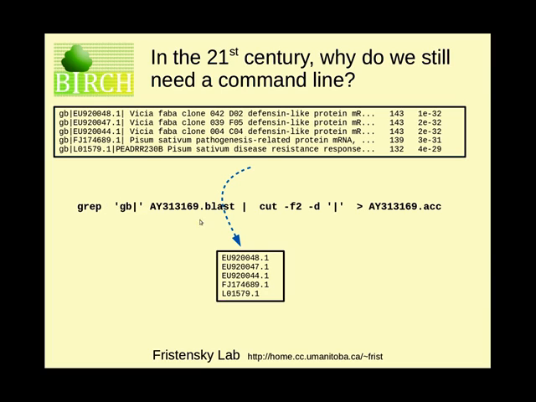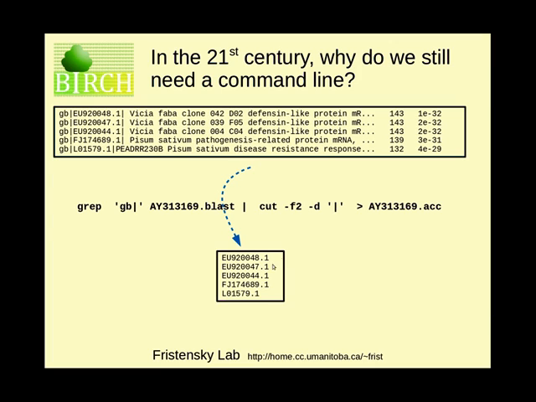I'm not going to go into all of the details of what this command line means, but suffice it to say that just by typing a single line, you can read in this BLAST file, cut out the second fields when you're separating fields by these pipe characters, and then send the output into a new file that has just the ID numbers, or the accession numbers actually is what these are called, that you could then use to retrieve the sequences.